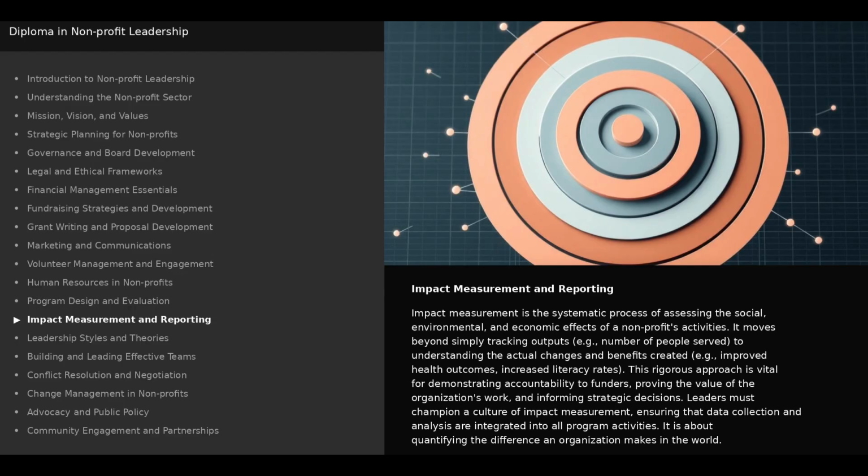This rigorous approach is vital for demonstrating accountability to funders, proving the value of the organization's work, and informing strategic decisions. Leaders must champion a culture of impact measurement, ensuring that data collection and analysis are integrated into all program activities. It is about quantifying the difference an organization makes in the world.